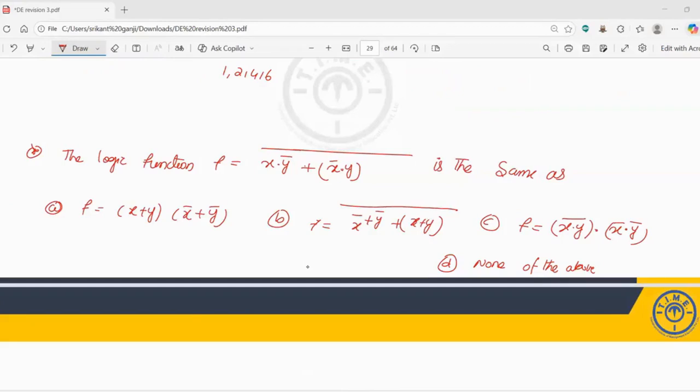Right. So D option is correct. None of the above.